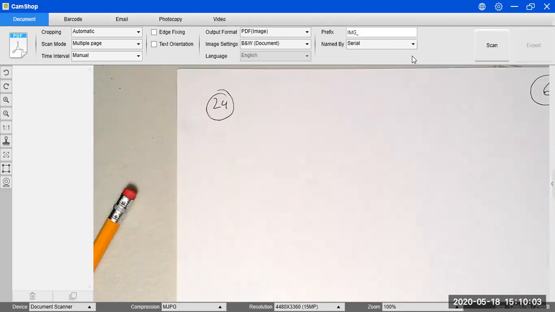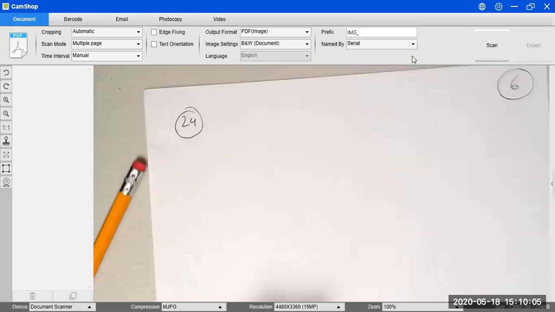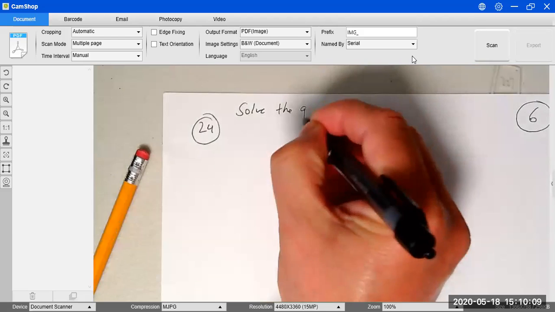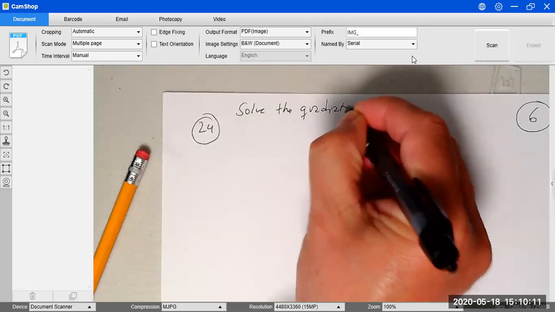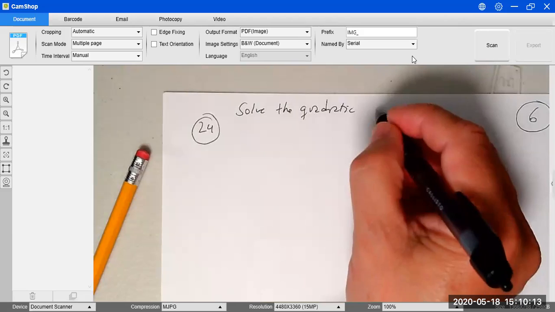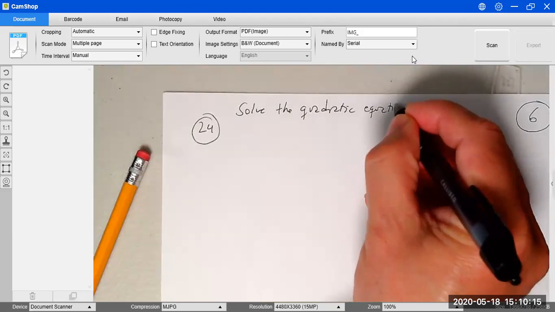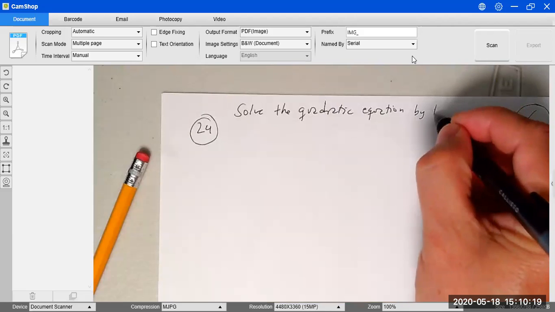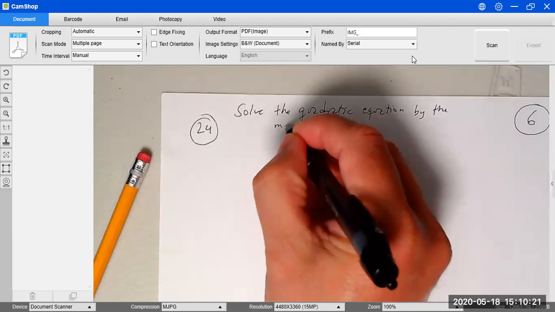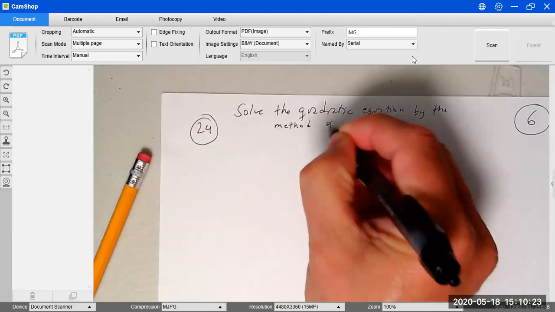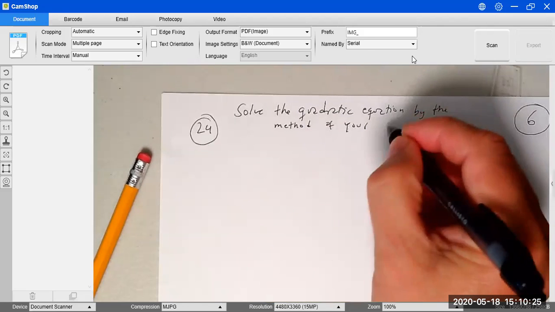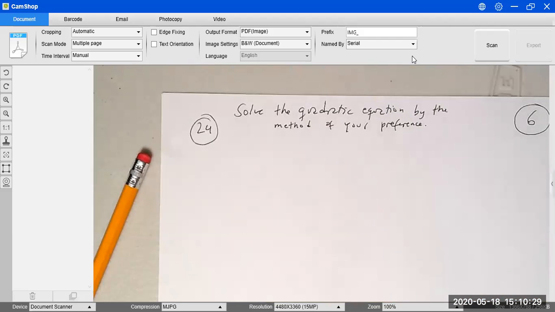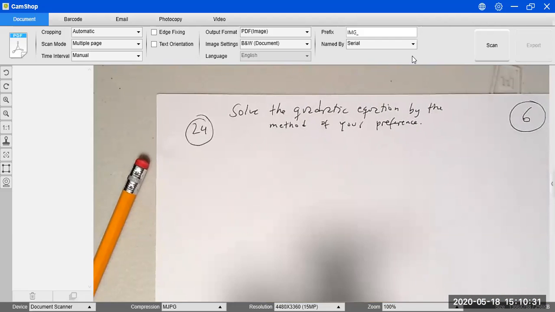For these ones, the instruction is: solve the quadratic equation by the method of your preference. And that's what you're going to do in the final exam. So you can use any method.